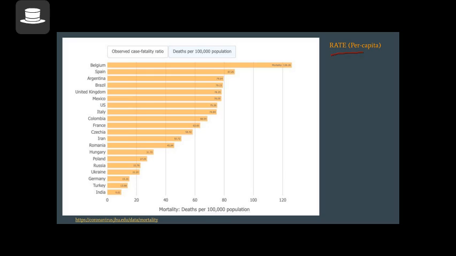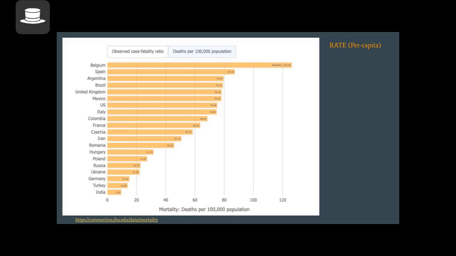In both these cases, India is an exception in the sense that it is not at the top in terms of the ratio we talked about earlier, but it is at the bottom when it comes to the deaths per 100,000 population. There are several theories on why it's the case. This is not the place to talk about it, but this is how you can go from data to information to knowledge, where you're contemplating and deriving some important information out of it.